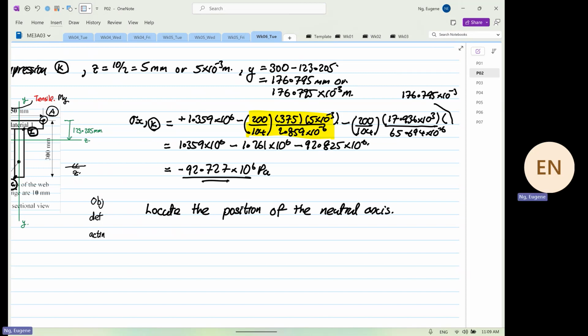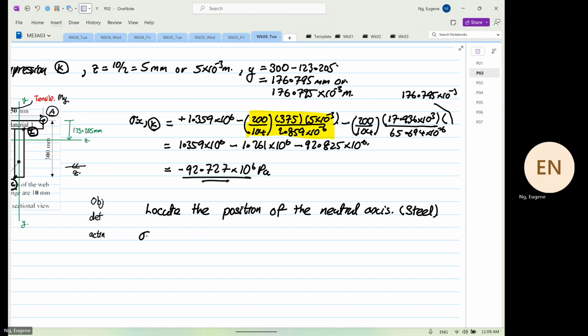Okay, so I'm going to show you the true form of the formula. We know the neutral axis will intersect the steel. We are going to focus on steel only. Don't need to look at brass.